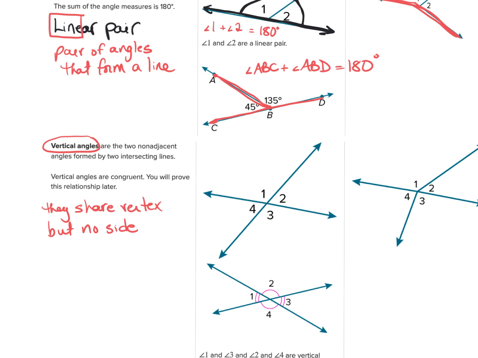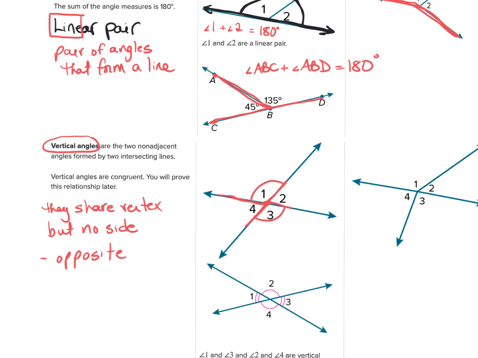Vertical angles, because they don't share a side, actually sit opposite one another. Okay, so notice here there's our vertex. The pair of vertical angles are 1 and 3. Okay, so you see they share the vertex but no side. So that's 1 and 3.